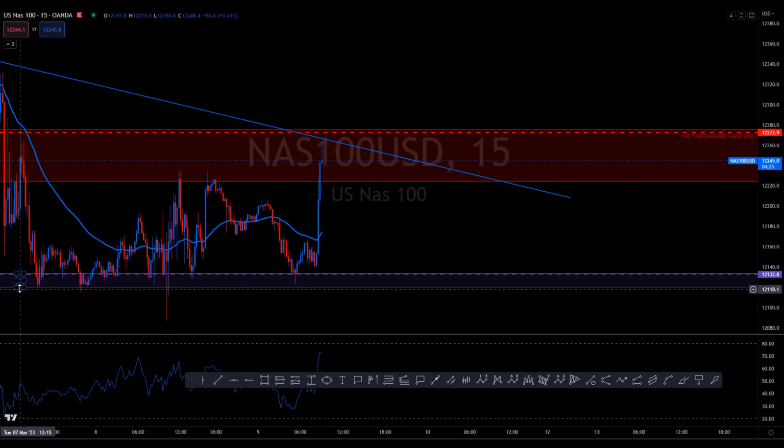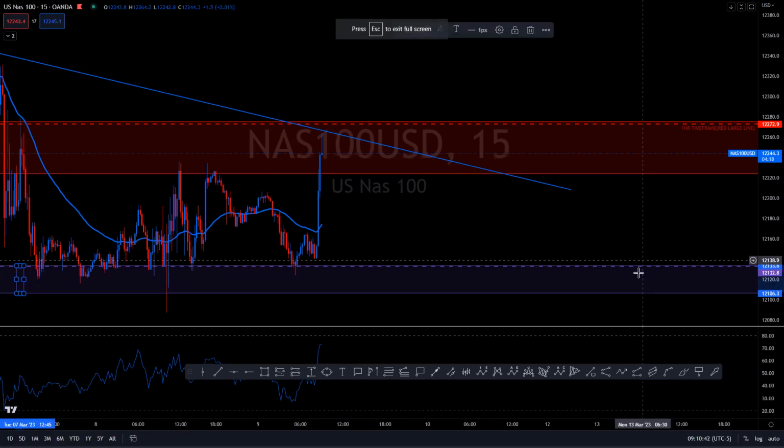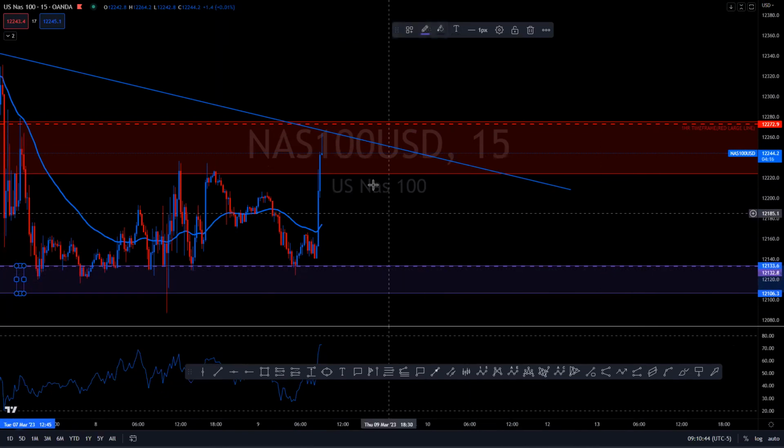So what we're going to do is, let me say the progress here. We have a little bit over 4 minutes until the 9:15 candle closes.